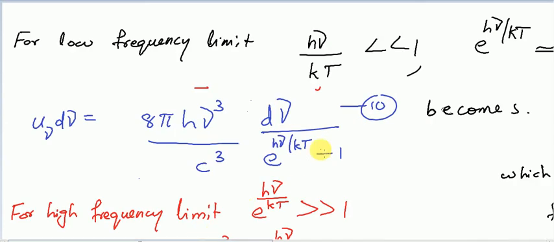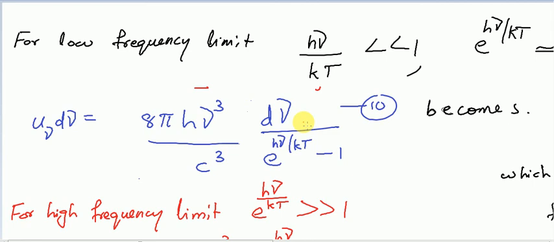Now let us check the validity of the classical theories that we discussed using Planck's distribution law that we obtained using Planck's hypothesis.